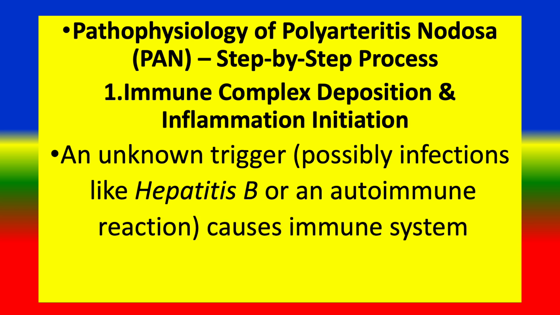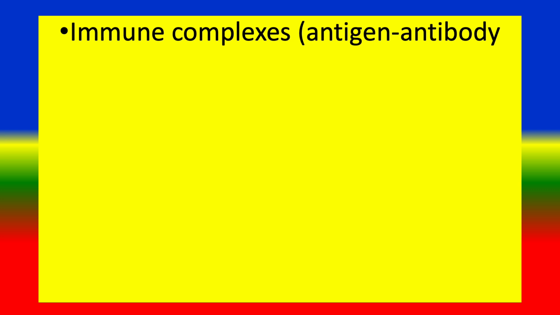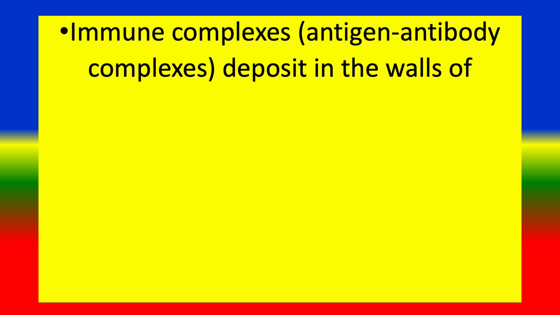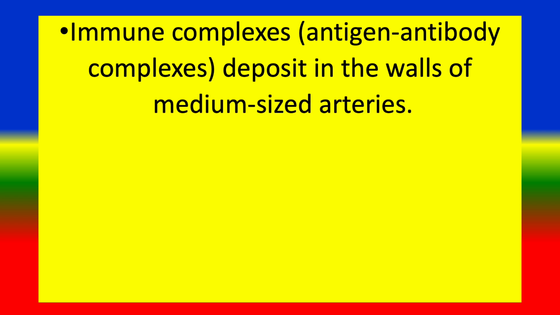An unknown trigger, possibly infections like hepatitis B or an autoimmune reaction, causes immune system activation. Immune complexes, antigen antibody complexes, deposit in the walls of medium sized arteries.